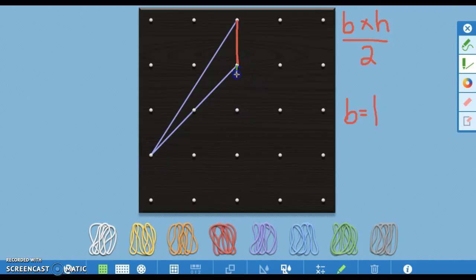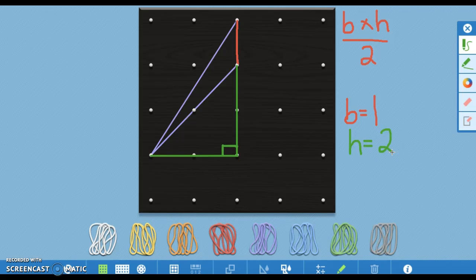So I'm going to extend a line this way and then extend a line this way to create a right angle. Now I can see that the height is 1, 2. So h is equal to 2.